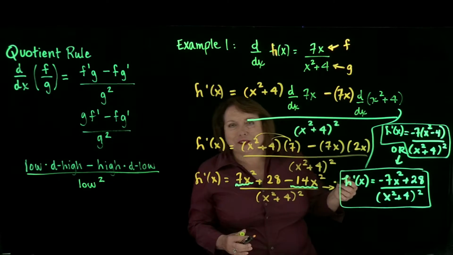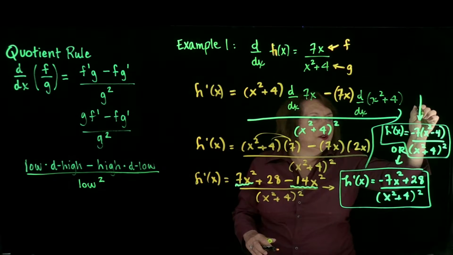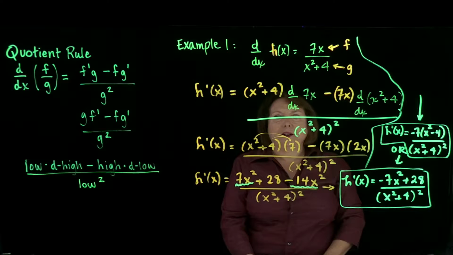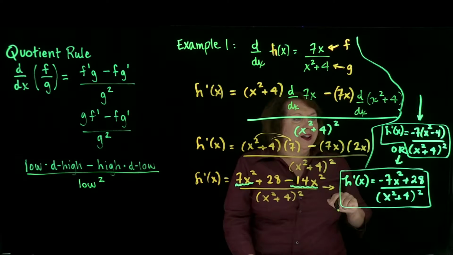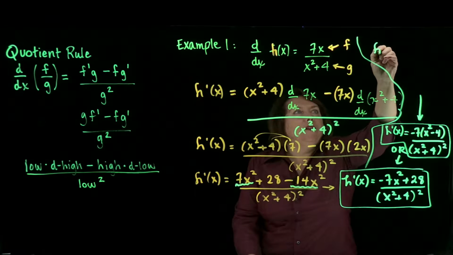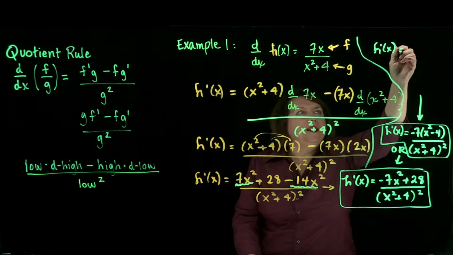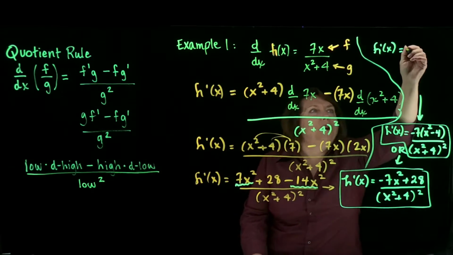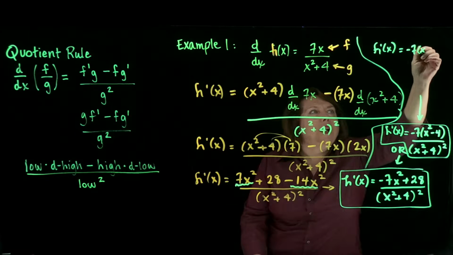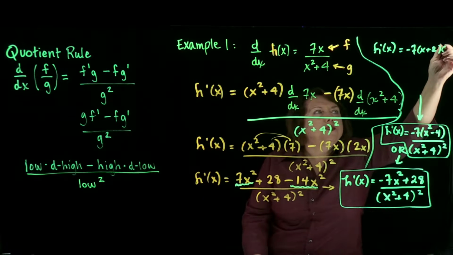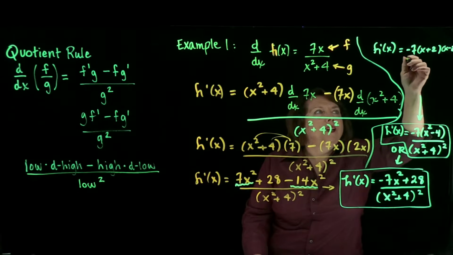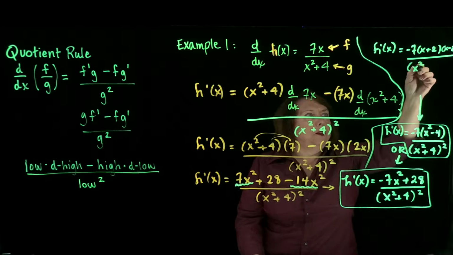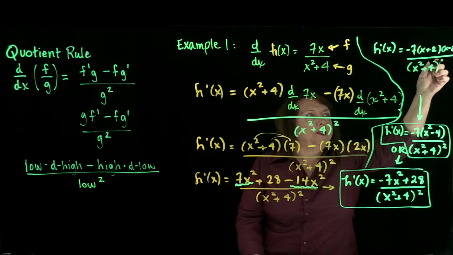There's a third way to solve this and to show your answer. So let me show that up here too. And let's continue to draw our line around our work here. So h prime of x is equal to, if I were to factor my difference of squares, I would have negative 7 times x plus 2 times x minus 2, divided by x squared plus 4 quantity squared.